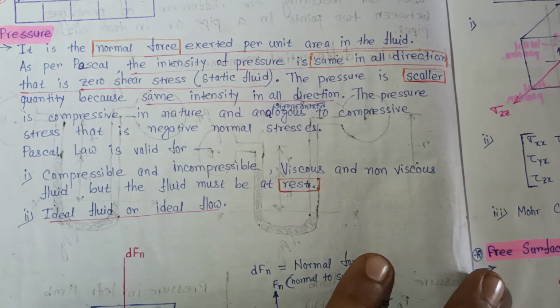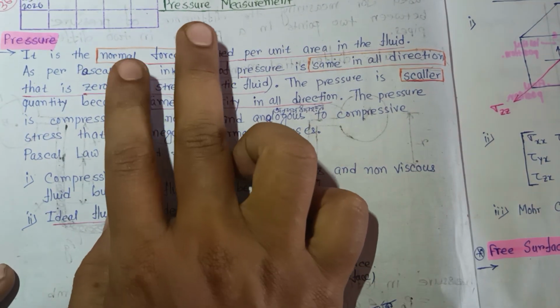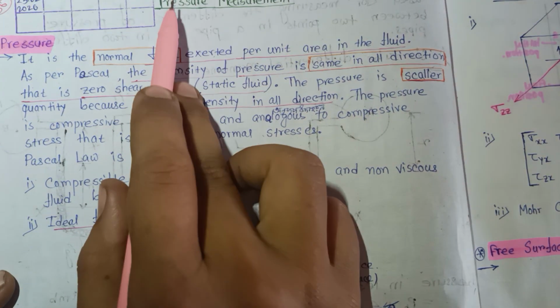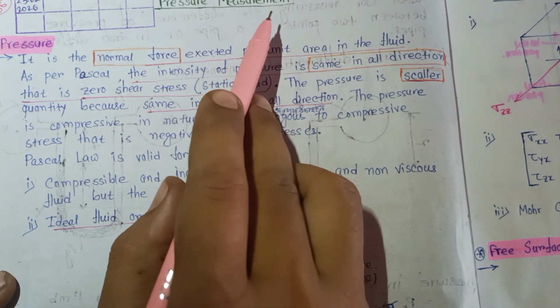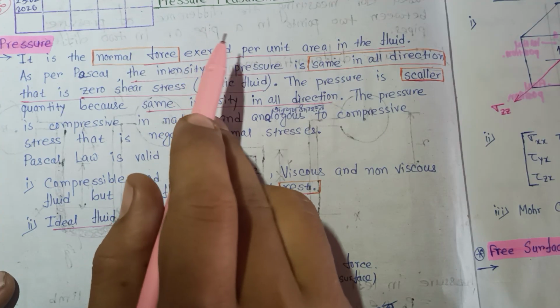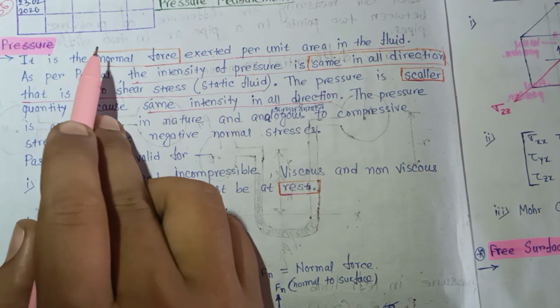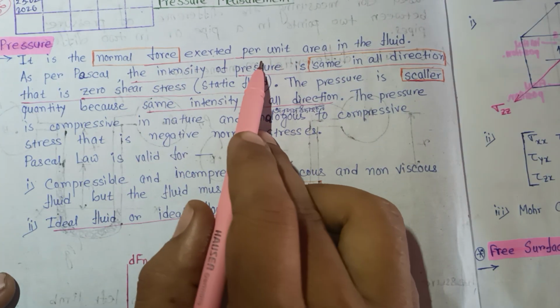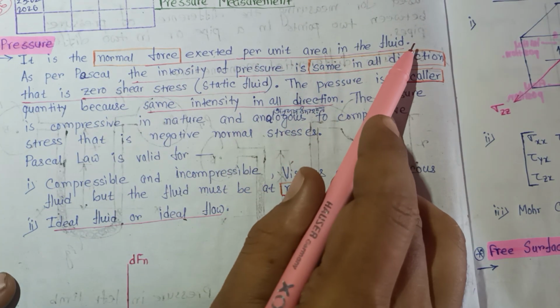Hi friends, this is the second chapter of fluid mechanics, that is pressure measurement. First we have to understand what is pressure. It is the normal force exerted per unit area in the fluid.